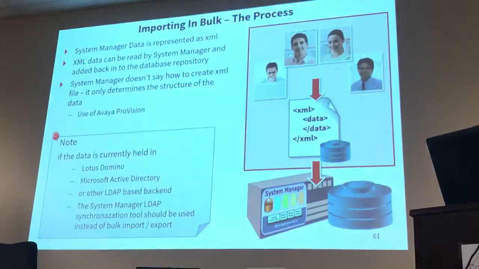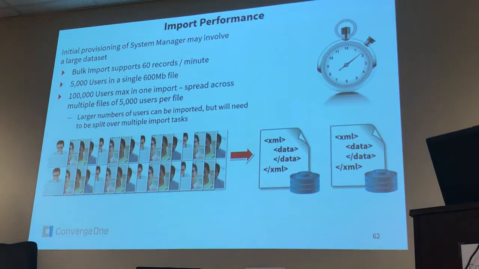We go to full screen here. Some performance information. The bulk import supports 60 records per minute. If you want to have a lot of users imported, just remember that you have to use files of 5,000 users per file or less.